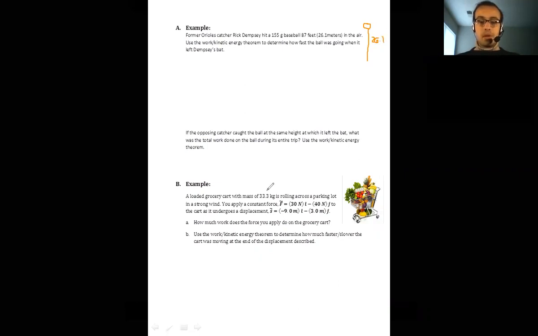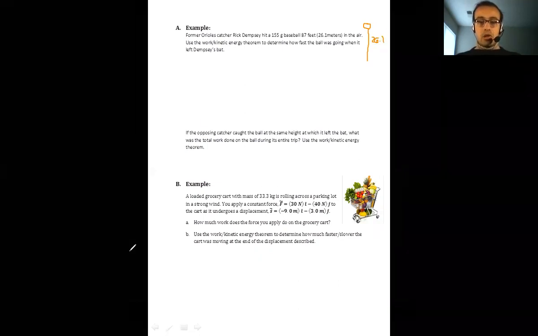26.1, right? So to solve this problem, what we have to note is that after going 26.1 meters into the air, this ball is stationary before it actually returns to Earth.